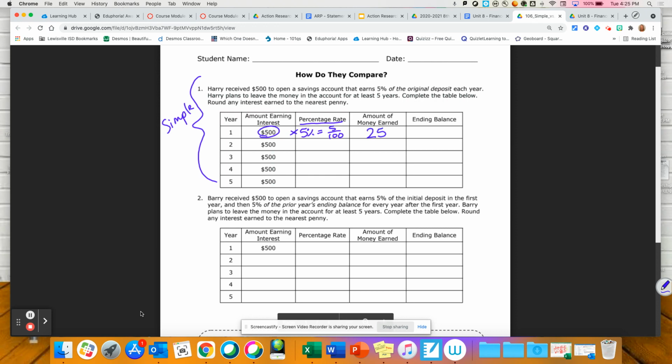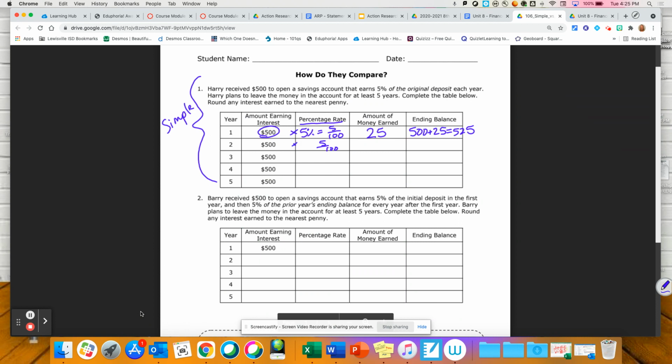So your ending balance would now be $500 plus 25, which gives you $525 in your account. Now it says that it's only on the original deposit. So the second year, it's still a 5/100 percentage rate.